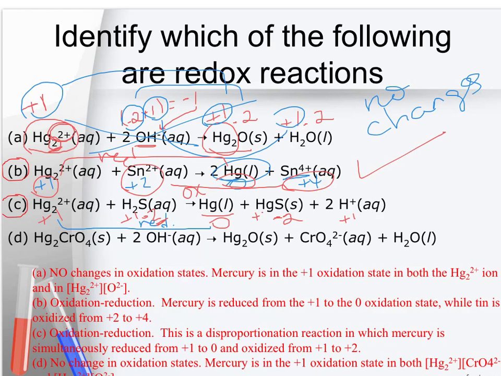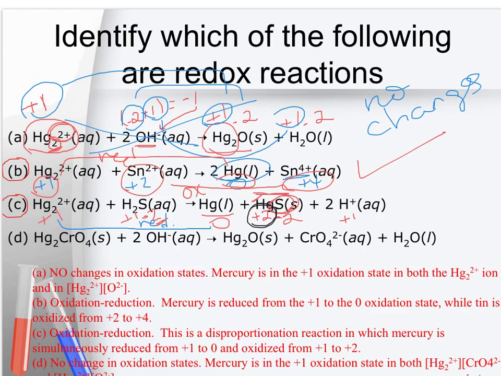However, just to remind you, sulfur is in the oxygen group, and those all tend to have a -2 charge. This is an ionic compound, mercury sulfide. So we can pretty confidently say that sulfur, being in group 6A, has an ionic charge of -2, which means the mercury in this ionic compound has a charge of +2.